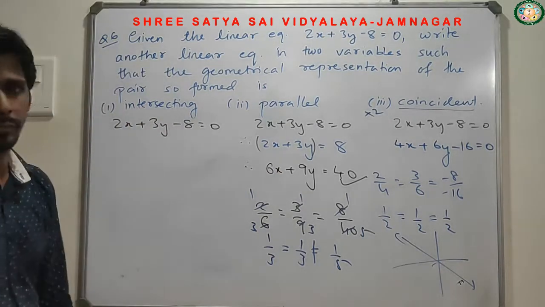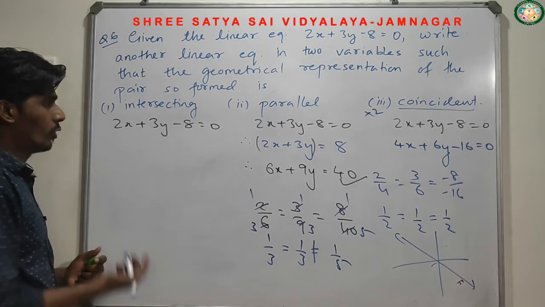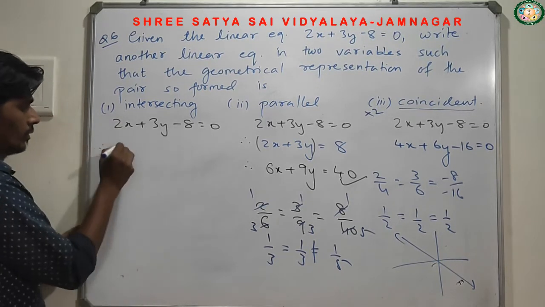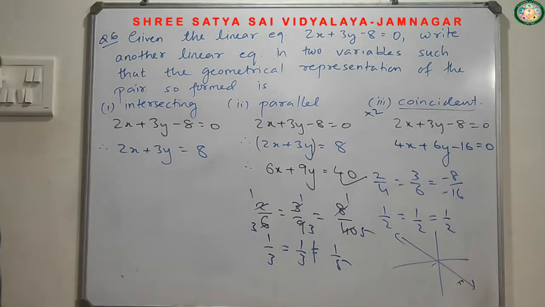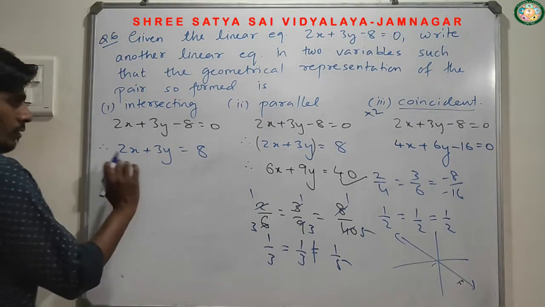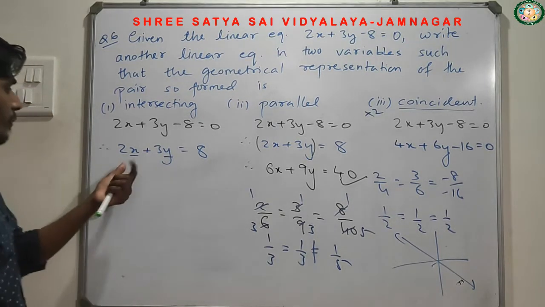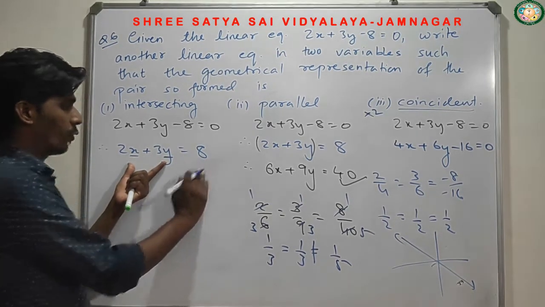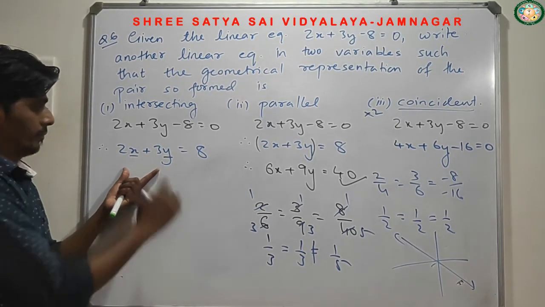And the last one, the last one is the only difficult one. So what I told you, 2x plus 3y equals to what? 8. So here, instead of x and y, if we take any numbers such that I have to get 8 here. So what will I do here?